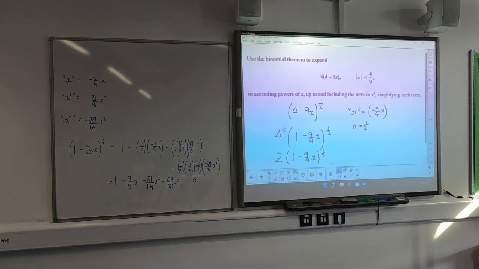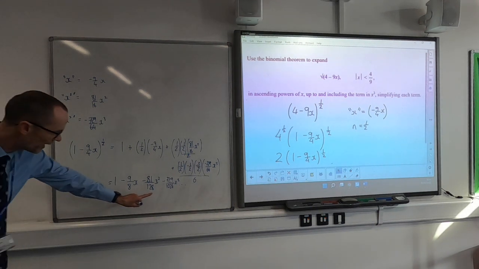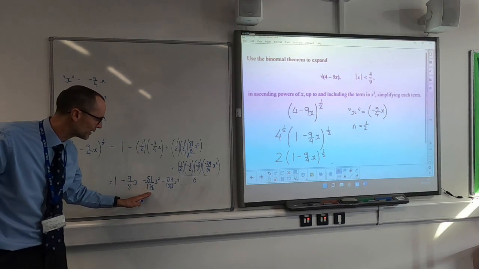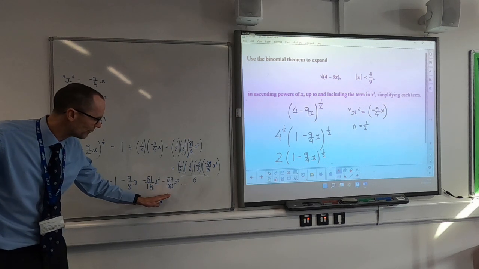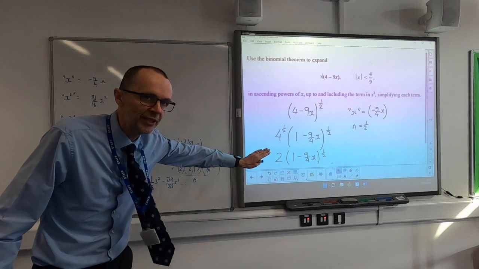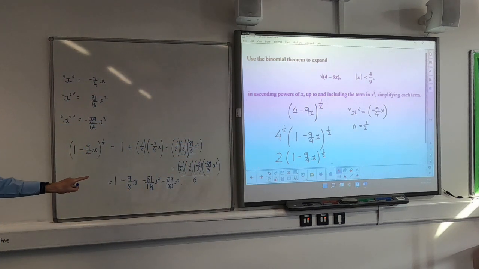So my answer to this expansion is this, all negative this time. 1 minus 9/8 of x minus 81 over 128 x squared minus 729 over 1024 x cubed. But of course the answer to this will be double all of that because we pulled out the 4 to the half.